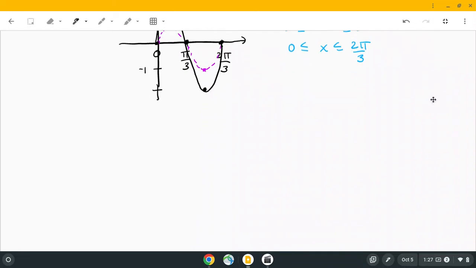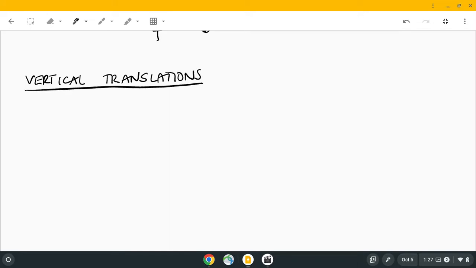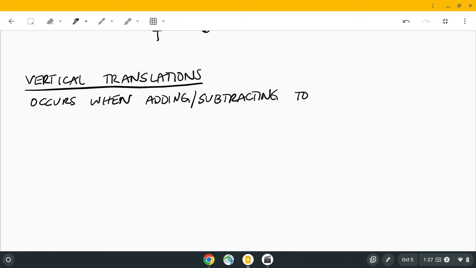So vertical translations occur when adding or subtracting to the trig function, not the angle, the actual trig function.